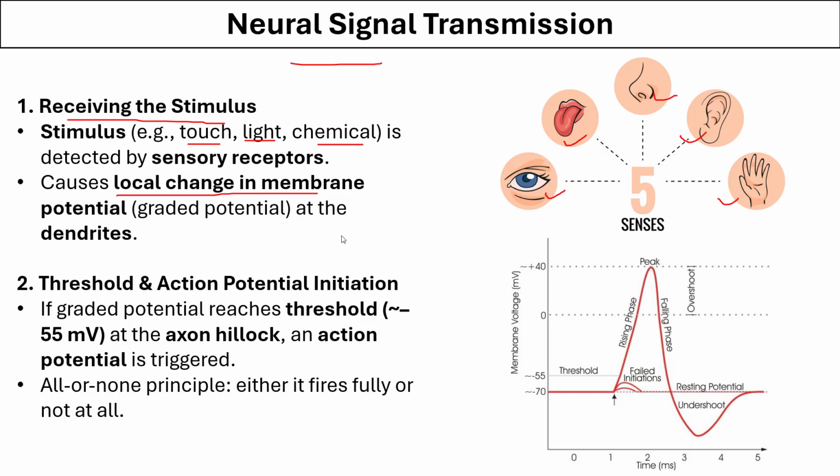But what does that mean? What does it mean that the membrane potential is changing? So imagine that this is an axon or a neuron. So neuron has a high concentration of potassium ion inside and high concentration of sodium ion outside.